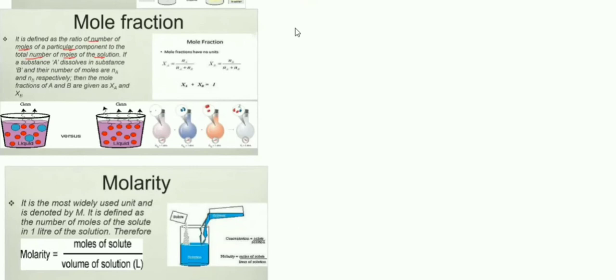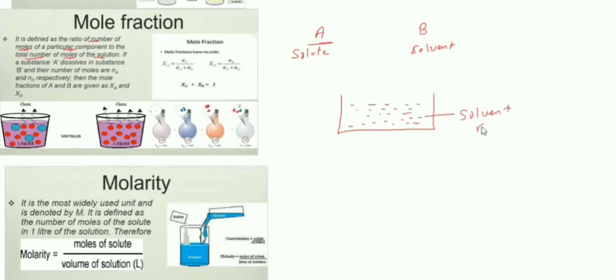Let's say if we try to understand this with an example, I have A and B as two components. Let's say A is our solute and B is our solvent. So we took a container in which we were having our solvent B. Now in this solvent B, I added my solute A. Now this resulted in a solution.